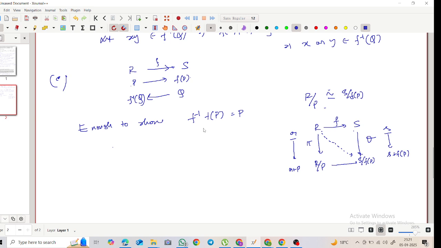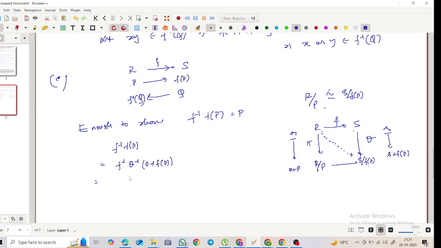That F inverse of Fp is P. But what is Fp? This is theta inverse of 0. So it is F inverse theta inverse of 0 plus Fp.